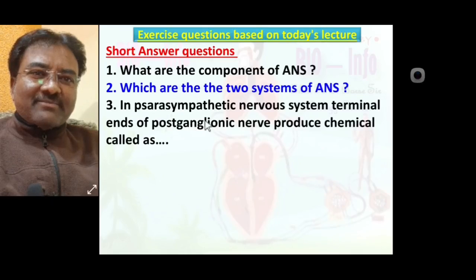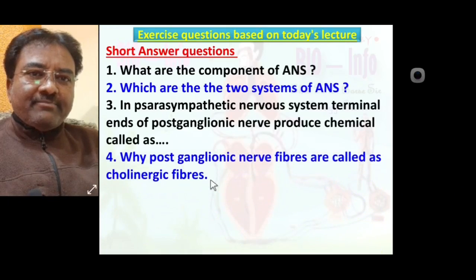In parasympathetic nervous system, terminal end of post-ganglionic neuron produces chemical called as, yes, acetylcholine. Why?